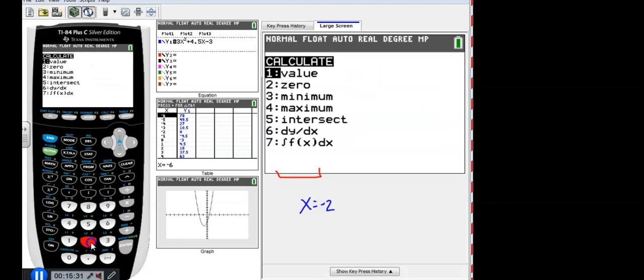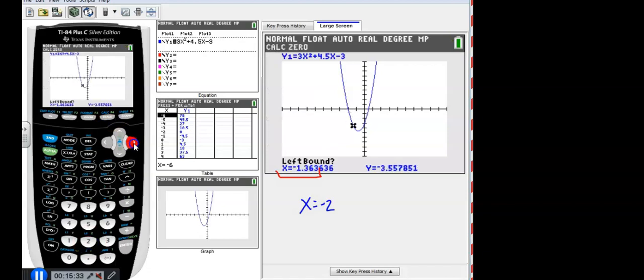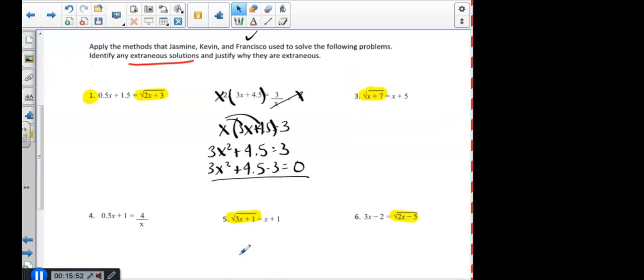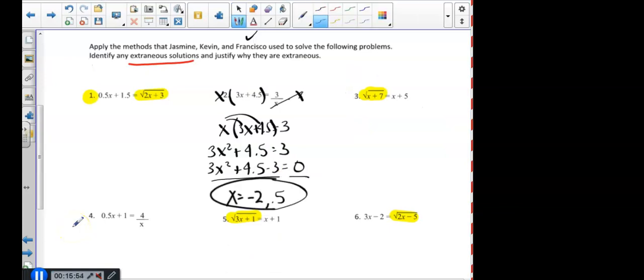Second trace number 2, 0, and my second x-intercept is the value x equals 0.5. So we just use Francisco's method, a combination of algebra and graphing in order to find the x values. So my solutions for number 2 would be x equals -2 and x equals 0.5.